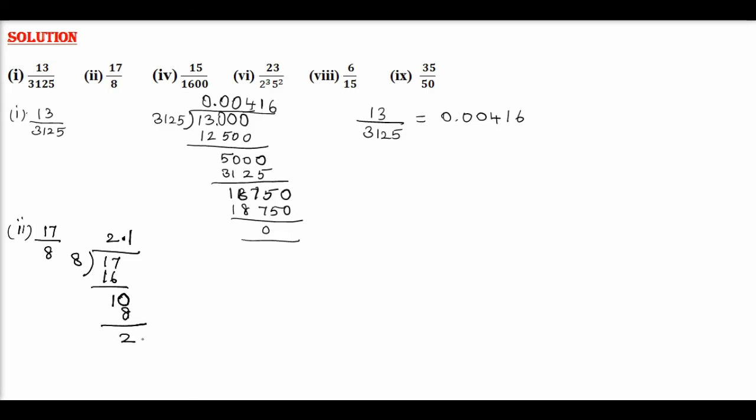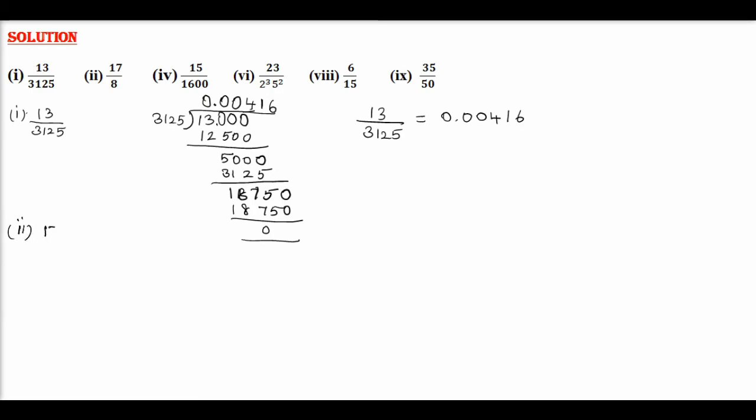You get remainder 2, which is not 0. So again proceed with division including 0 so that I get 2 in the quotient. 2 times 8 is 16 and the remainder is 4, which is not 0. So again continue the division by adding a 0.